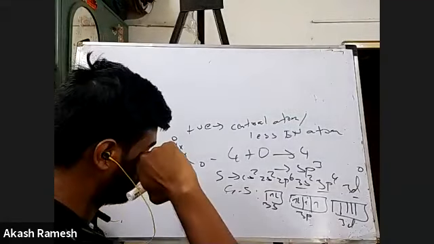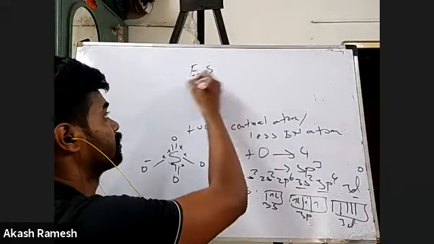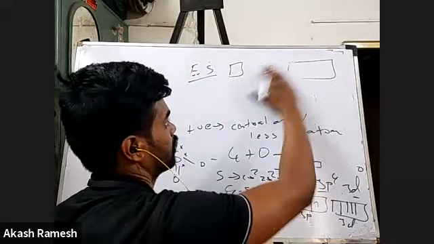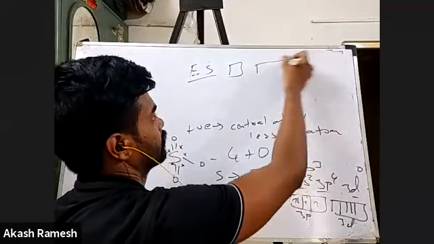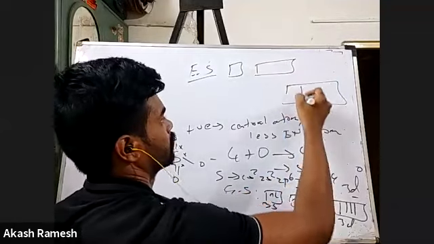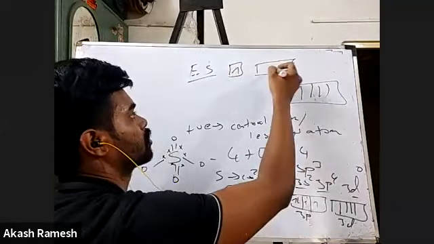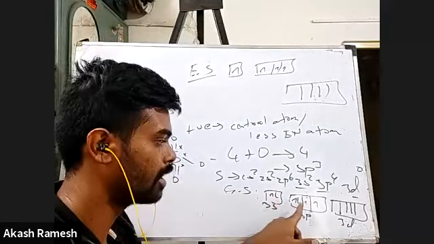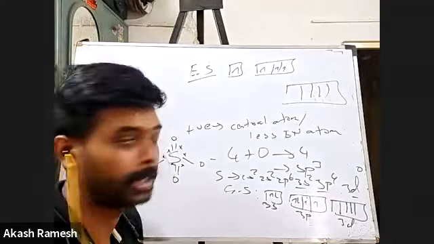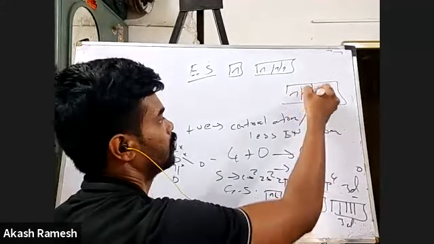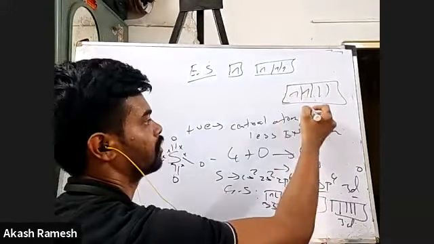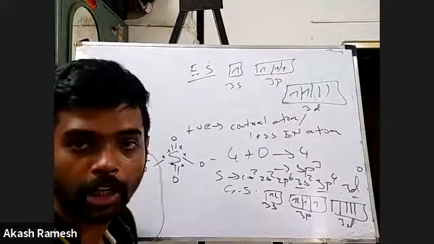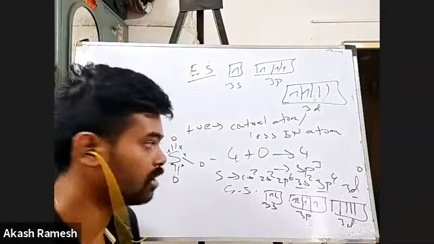Say now in the excited state, so you will have one electron here, and this electron has gone to the d orbital. 1, 2. Done. This is my 3d, 3p, 3s.